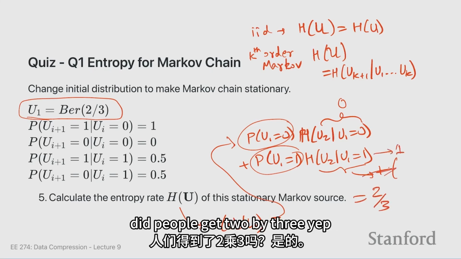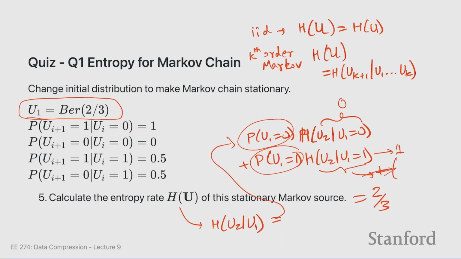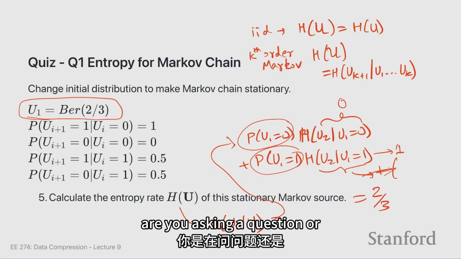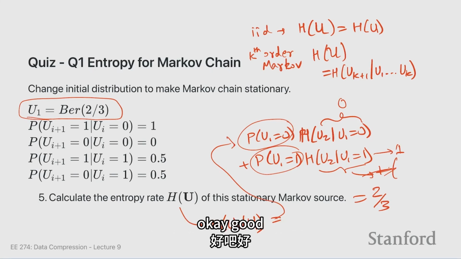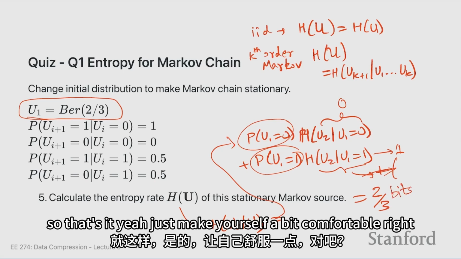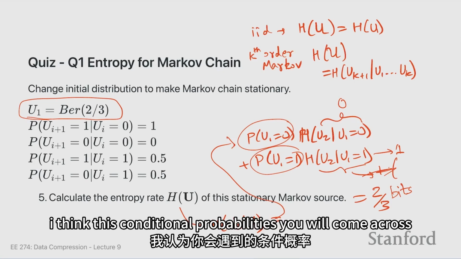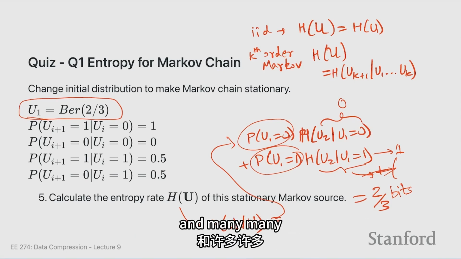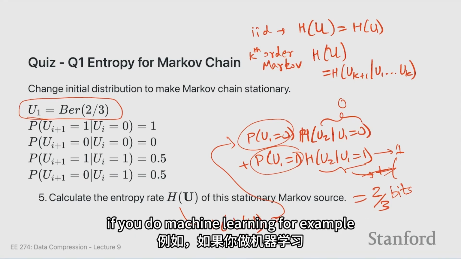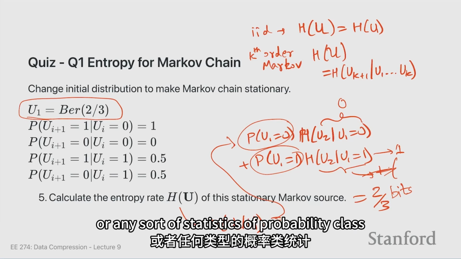Did people get 2/3? Yep. Okay, good. Just make yourself a bit comfortable. This is not just this class. Generally, you will come across these conditional probabilities in many places, if you do machine learning, for example, or any sort of statistics or probability class.